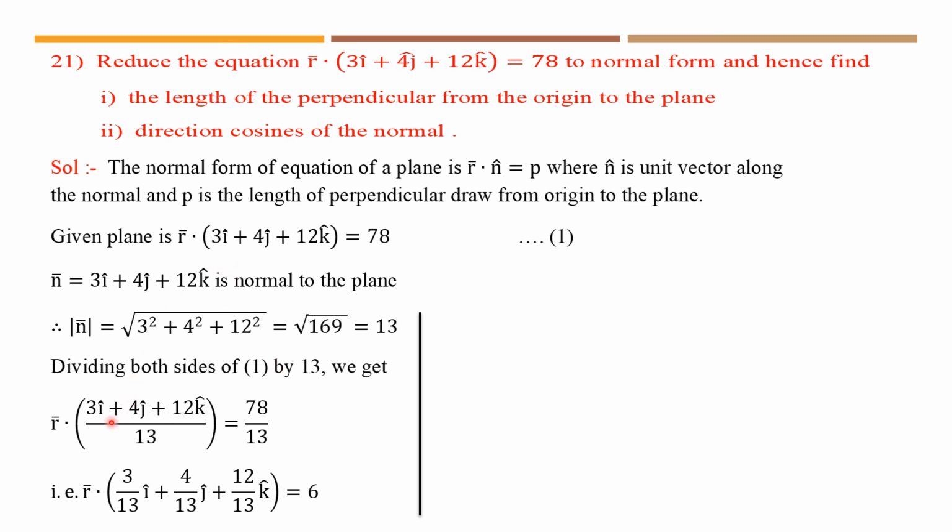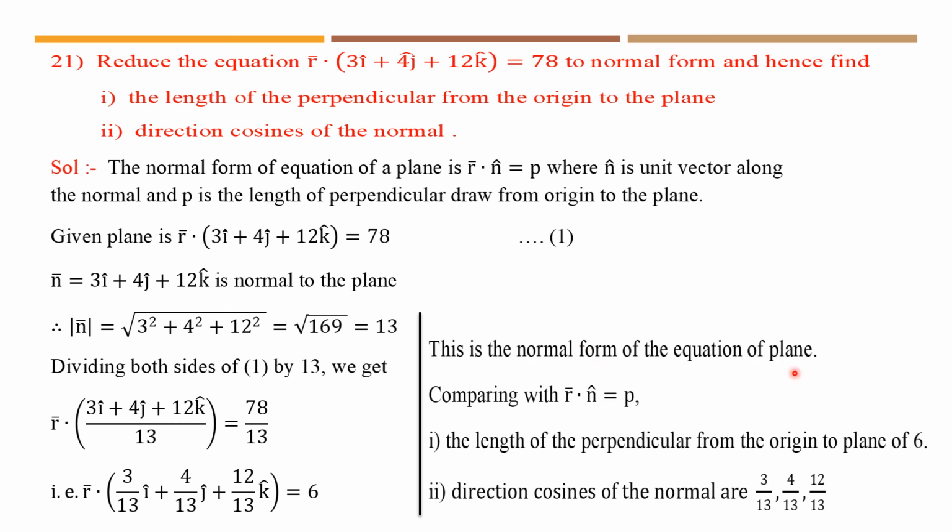Hence r vector dot 3i plus 4j plus 12k divided by 13 equal to 78 divided by 13. Take the separate division: 3 divided by 13 into i plus 4 divided by 13 into j plus 12 divided by 13 into k equal to 13 times 6 is 78. Therefore, it is equal to 6.